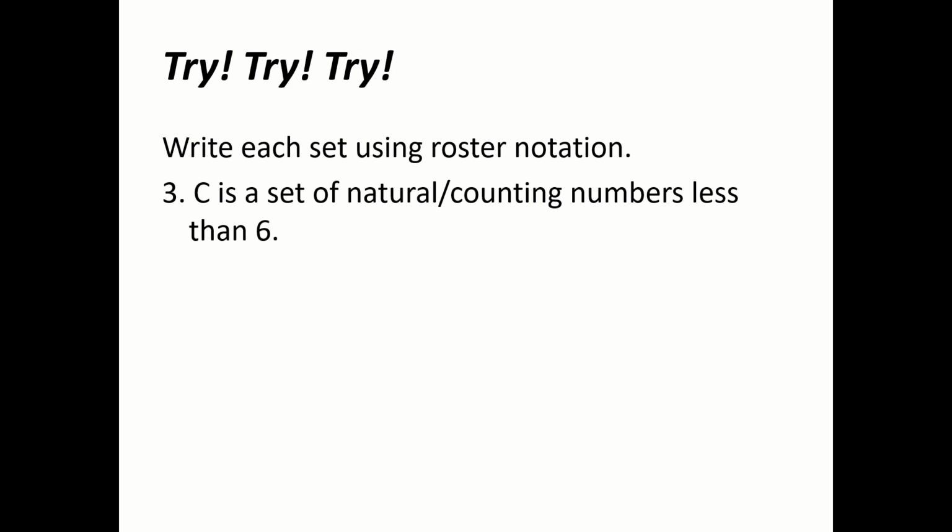So what are the natural or counting numbers which are less than 6? These are 1, 2, 3, 4, and 5. And since it's less than, 6 is not included. So we read it as set C containing the elements 1, 2, 3, 4, 5.